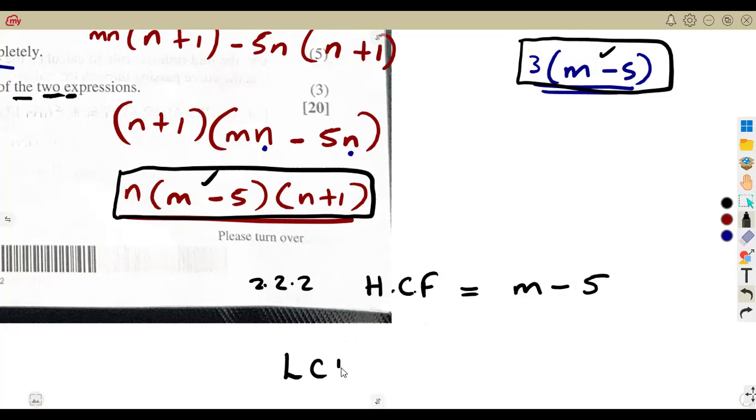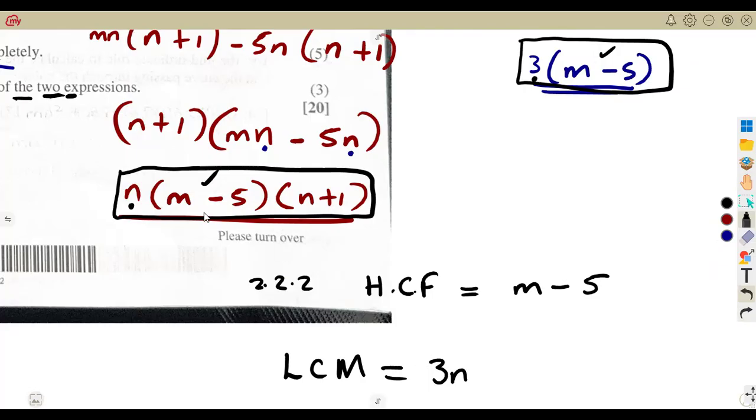Then the LCM, you take everything that you see. Guys, as long as you can see it on these 2 answers that you're given before, you have to consider it. So here there is n outside of the bracket. Here there is 3 outside of the bracket. So we are going to take it as 3n.